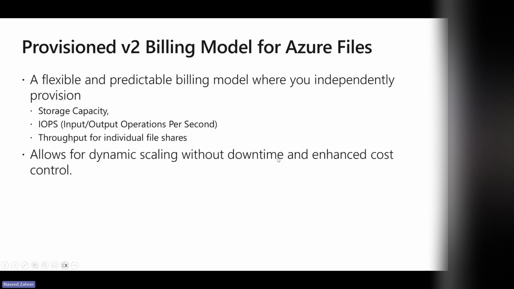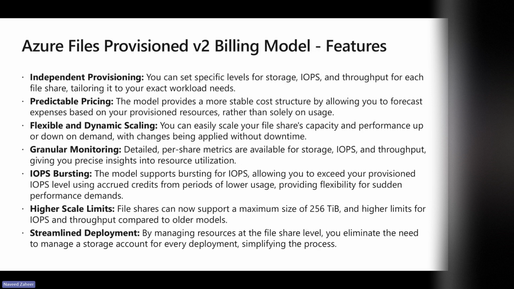So let's take a look at some of the key features of the V2 billing model. Number one, you are creating these Azure file shares independently. They have their own capacity, their own throughput, their own IOPS, and that gives you predictable pricing.